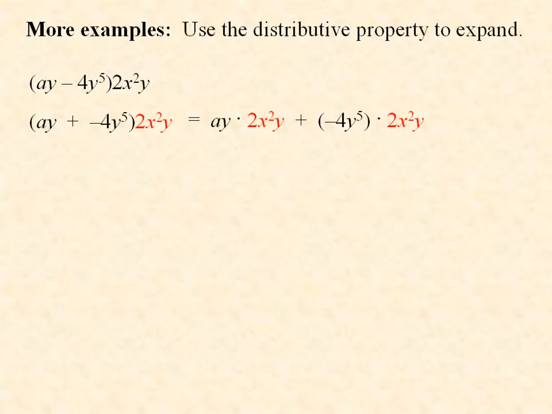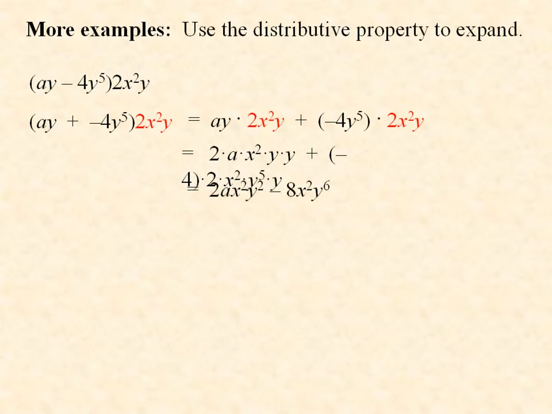Again, we will be careful and write the coefficients in front and then the variables in alphabetical order. That gives us 2 times a times x squared times y plus negative 4 times 2 times x squared times y to the fifth times y. Then we simplify that, and we have 2ax squared y squared minus 8x squared y to the sixth.